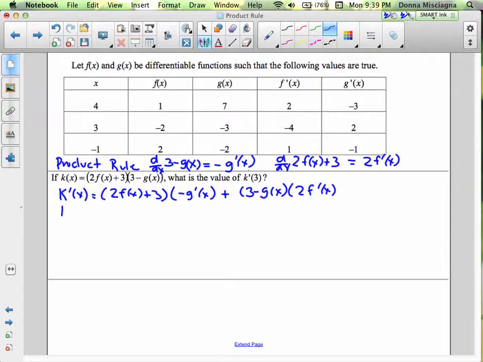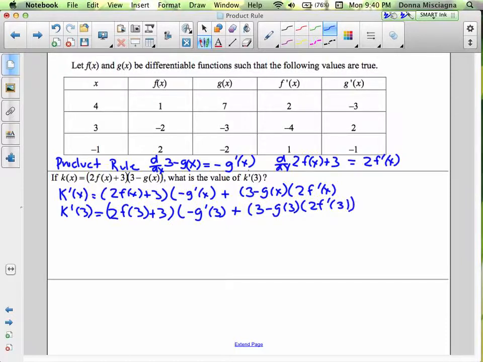So k prime of 3: we have 2 times f of 3 plus 3 times negative g prime of 3, plus 3 minus g of 3 times 2f prime of 3. A lot easier. Always make sure you substitute.